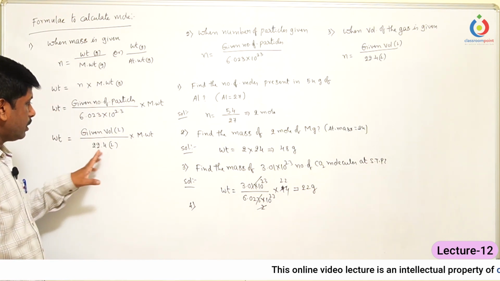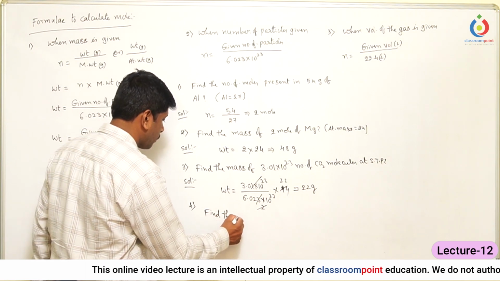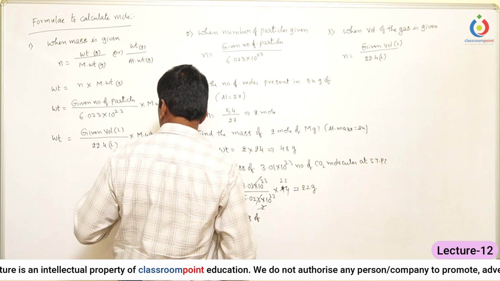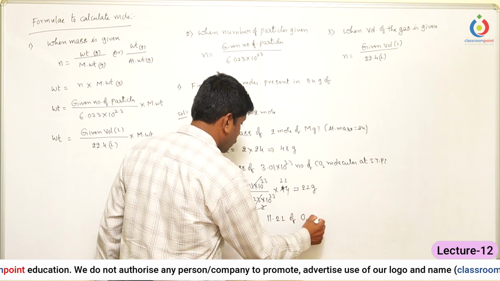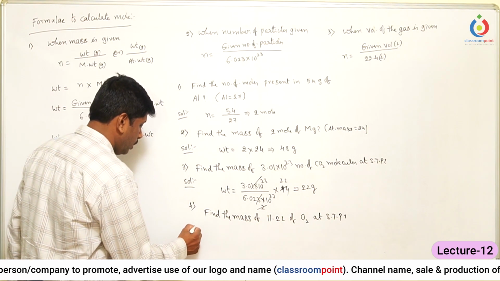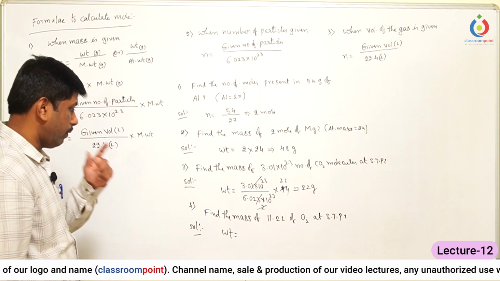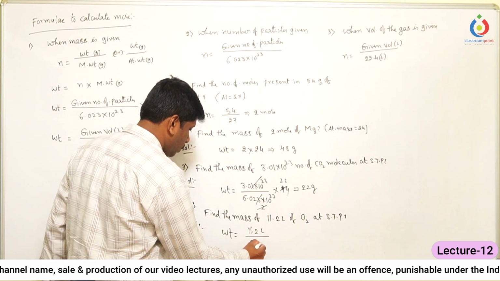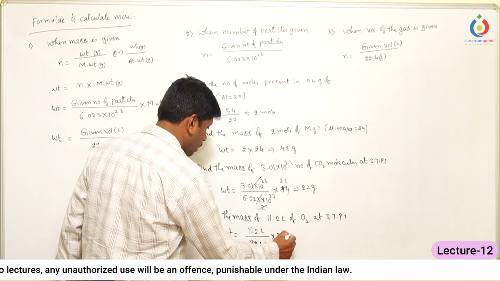Now let us see if the volume is given. Find the mass of, let us take, 11.2 liters of O2 at STP. The solution for this is weight equals the given volume, 11.2 liters, by the STP volume, 22.4 liters, into the molecular mass of oxygen, which is 32 grams.